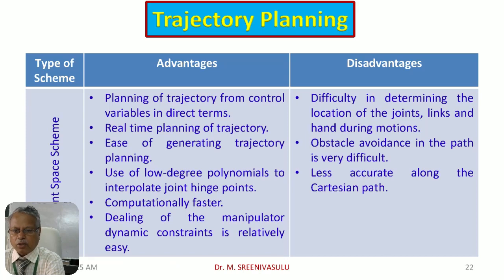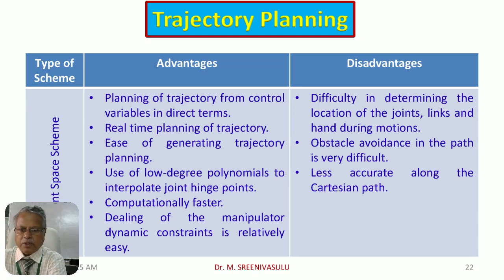Both the schemes have their own advantages and disadvantages. For joint space, the advantage is that we have control directly, whereas it is not that easy to determine the locations of joints and links when the motions are happening. And as you have seen in the earlier slide with the pictures, since we don't have control over the motion between points A and B, it is not possible for us to avoid obstacles.